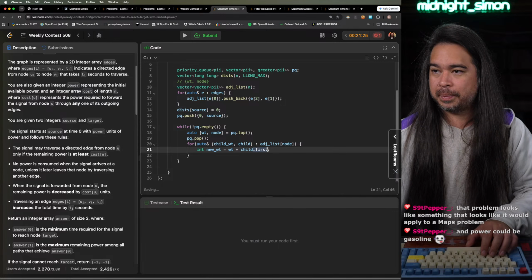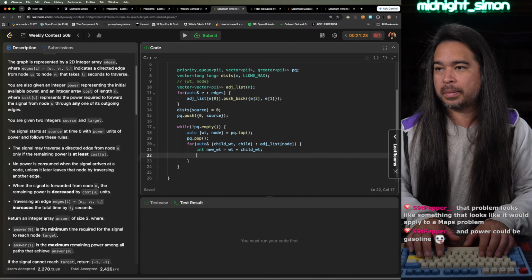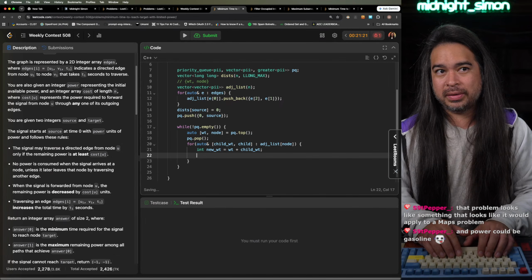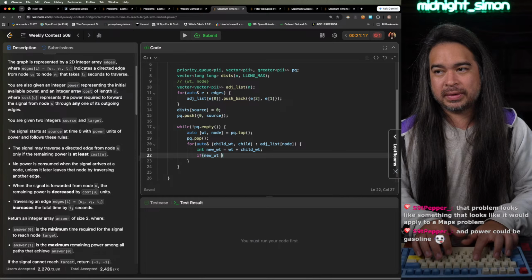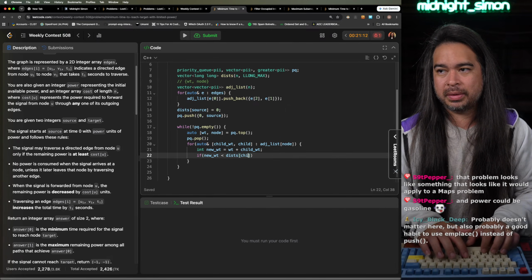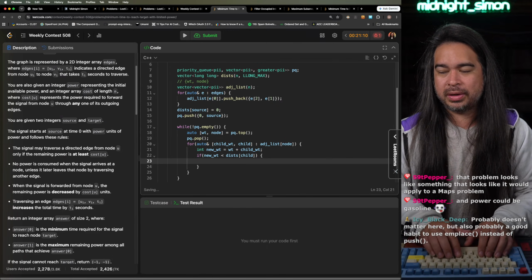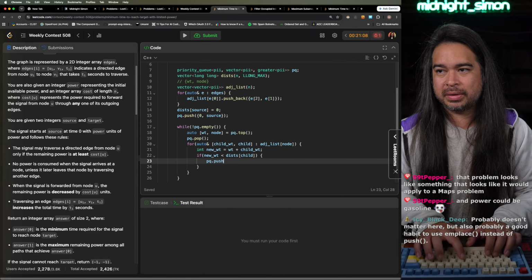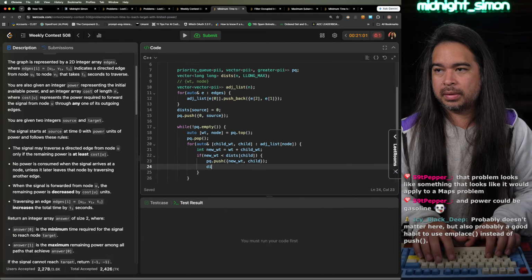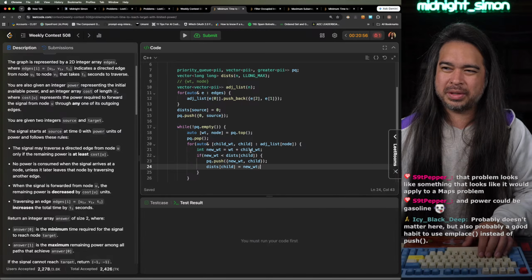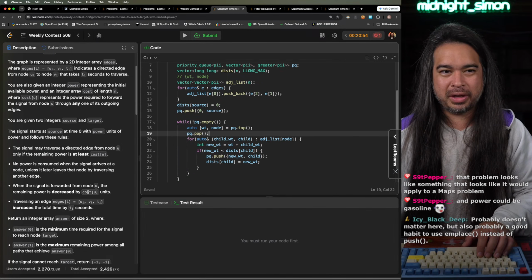Right? And then if that new weight is better than the current weight, then we should visit that child. There's probably some other things to do there, man, but I forget what.